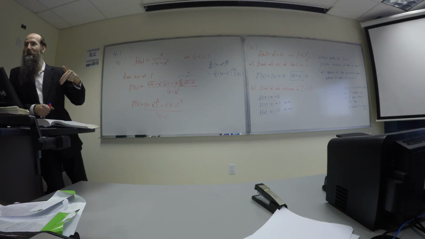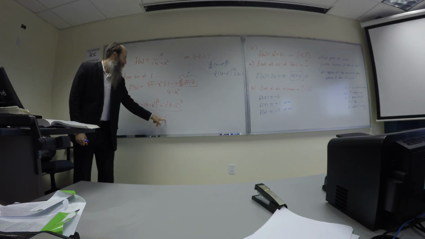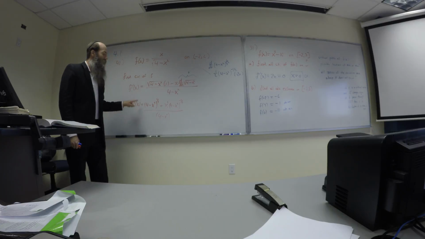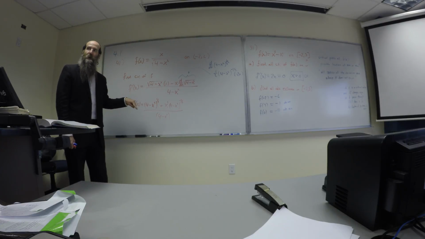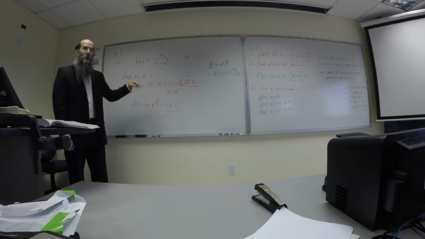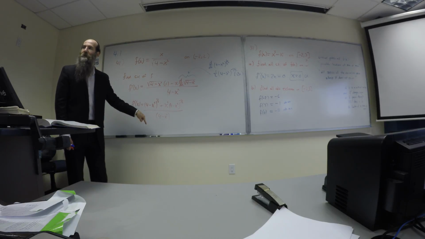Could be a max or a min, right? So in this case, even though 2 and -2 make the bottom equal to 0, which means the derivative is undefined at 2 and -2, since the original function also is undefined at 2 and -2, the 2 and -2 coming out of this tell me nothing. So I don't care about them.